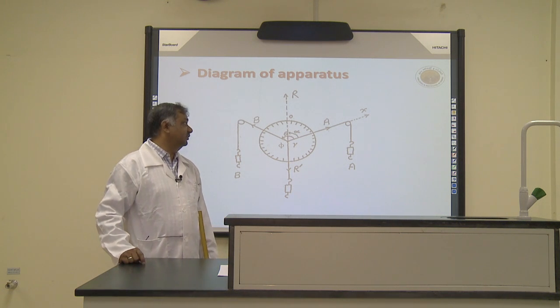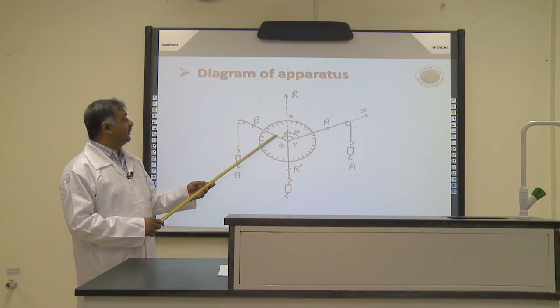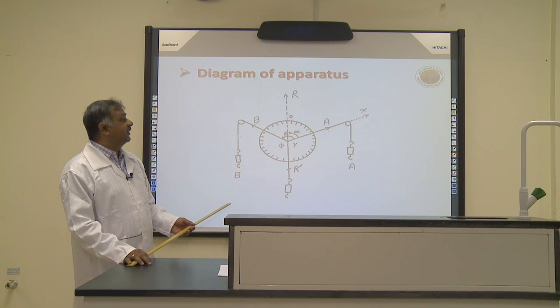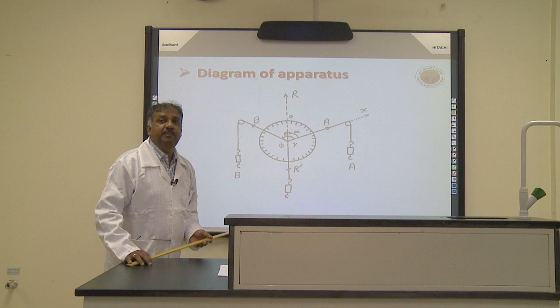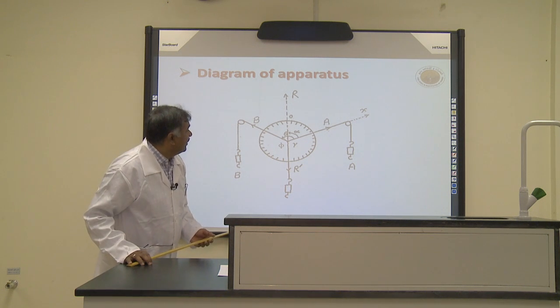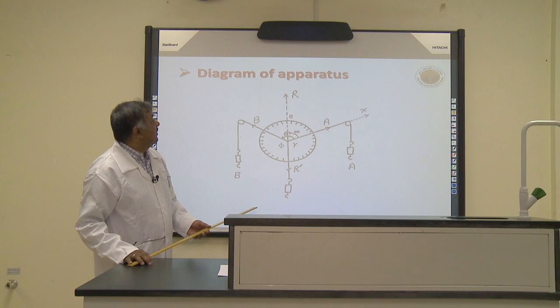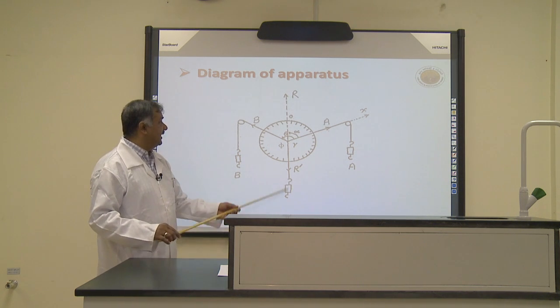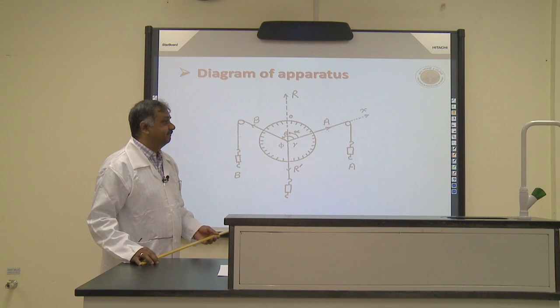So, gentlemen, this is the practical picture, or the diagram which you are going to make, or just perform, on the apparatus. Keep in mind, you have to follow this picture.